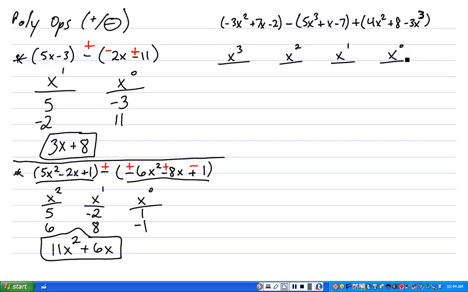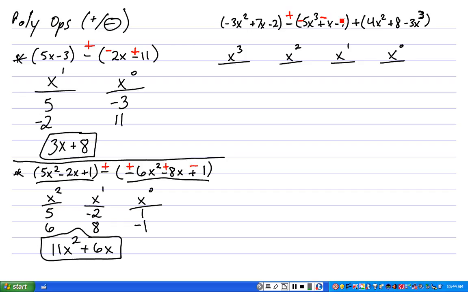Now again we've talked about changing subtraction to addition, so here's my subtraction. So change it to addition, change that from minus to plus. Now this is a positive 5x to the third, so I have to change it to a negative 5x to the third. This is a positive x, so I change it to a negative x.